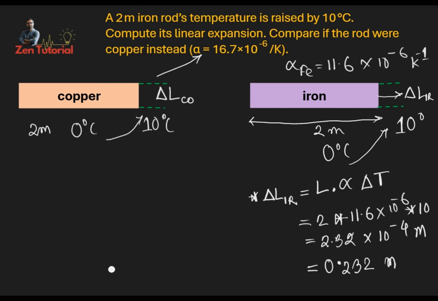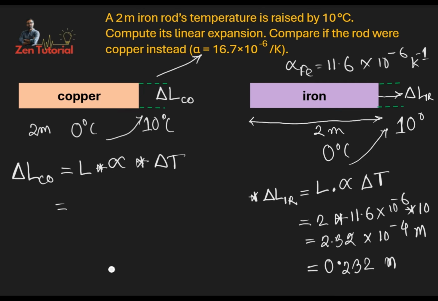Anyways, now it's time for copper. So let's write down the basic formula for linear expansion. Del L of copper is equal to, of course, the length, alpha, the linear expansion coefficient, and the temperature difference.